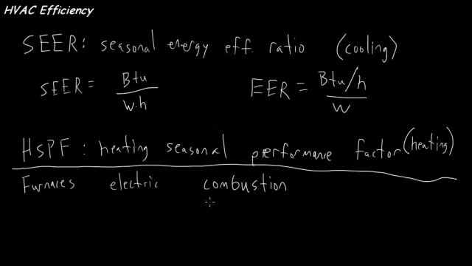To talk about furnaces, we have a measure called AFUE, which is basically just an efficiency averaged over the course of the season. It stands for annual fuel utilization efficiency.